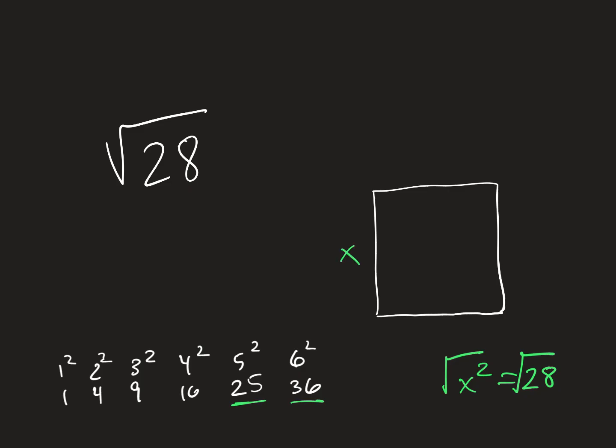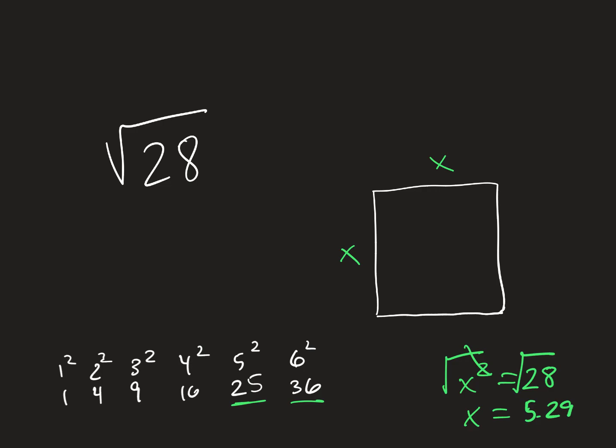What is the length of this side? X times x gives me 28, and I'd end up with my decimal equivalent if I did that on the calculator. So I would say, let's go ahead and find the square root of 28. And on the calculator, that's 5.29. So I know it's between 5 and 6. It's a little closer to 5.